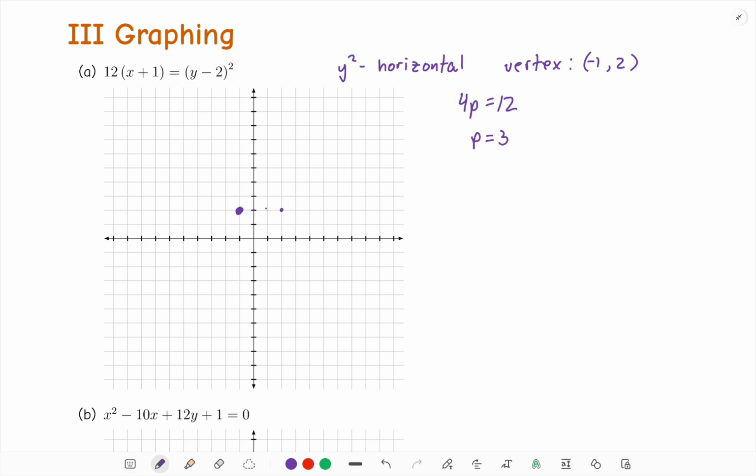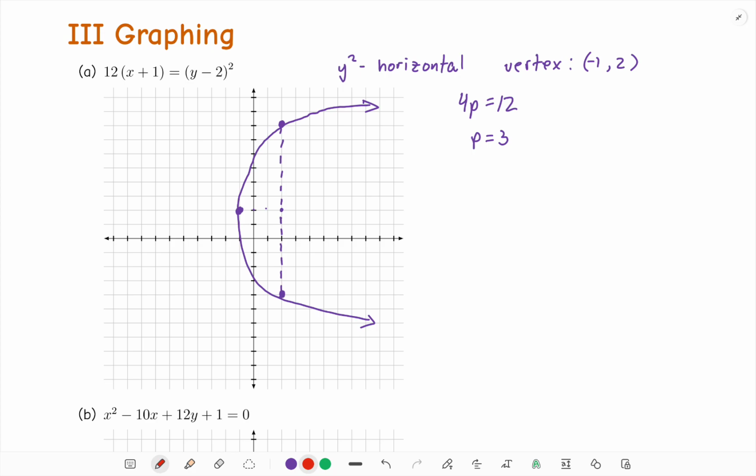So I'm going to go up 6. There's 1 point on my parabola, and I'm going to go down 6. And there's a second point on my parabola, and we go ahead and connect these 3 points in a U shape. And there's our parabola.